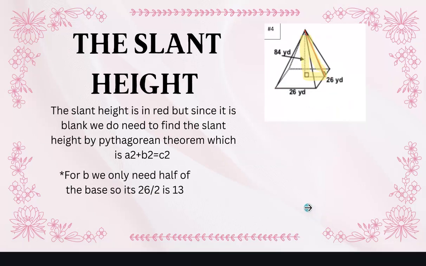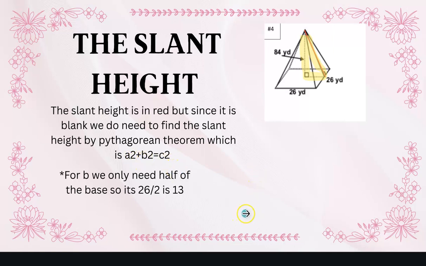For the slant height, which is in red, this red line right here, since there is no number pointing to that height, we have to find it. We're going to do that by the Pythagorean theorem, which is a squared plus b squared equals c squared. If you see this 2 next to something like this, it means it's squared.